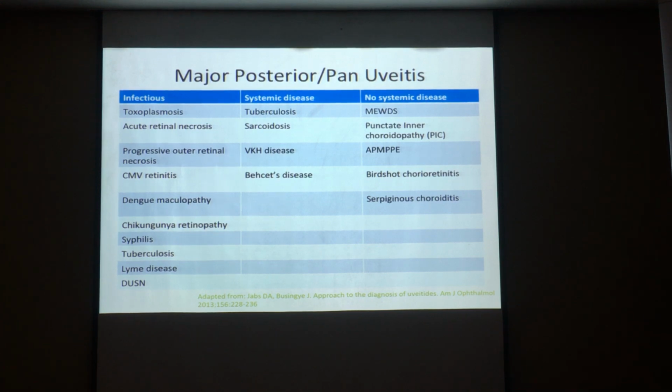Now, why we need to have these groups, broadly speaking, an infectious group and the non-infectious group, and Dr. Kwan was very, very elaborate trying to tell you the differences. Okay.